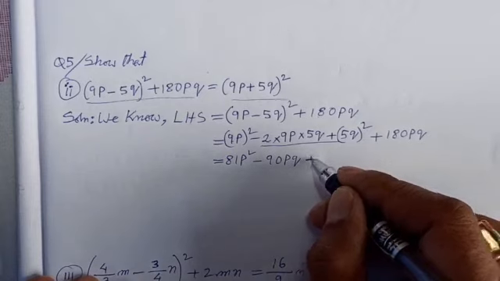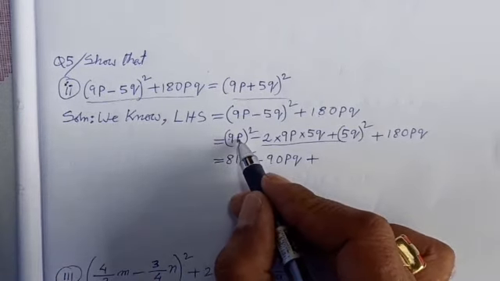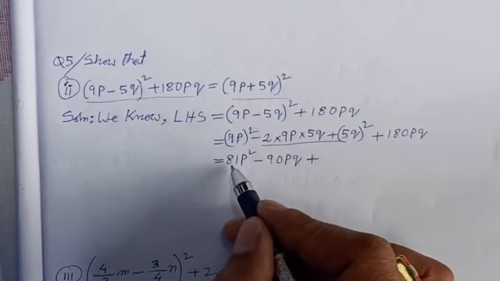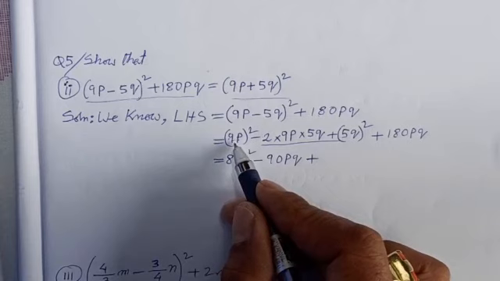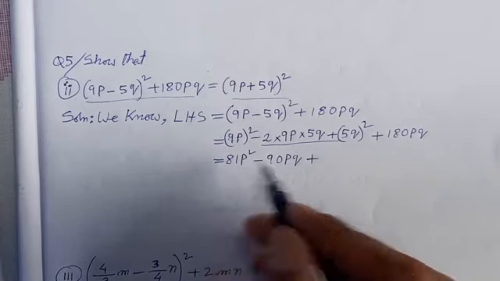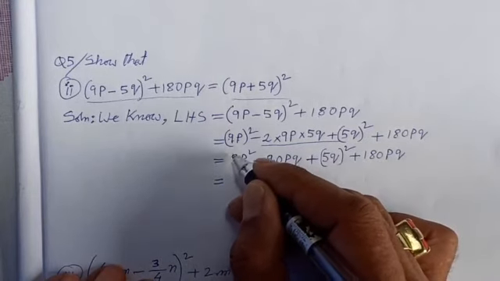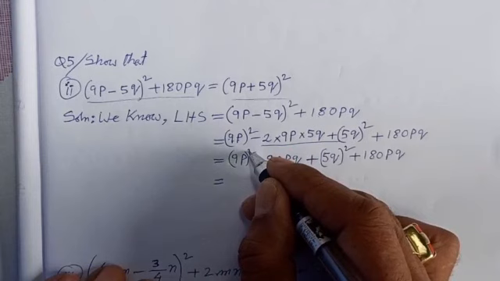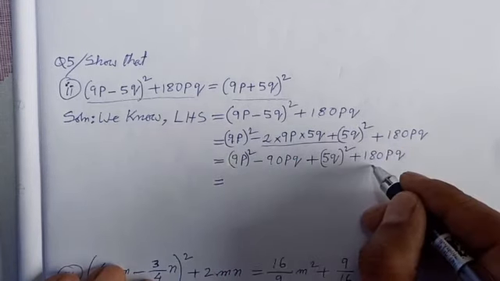Plus sign, it is better to keep this 9p whole square the same. So let's make this correction: 9p whole square like this, then plus 5q whole square, then we are writing this 180pq.